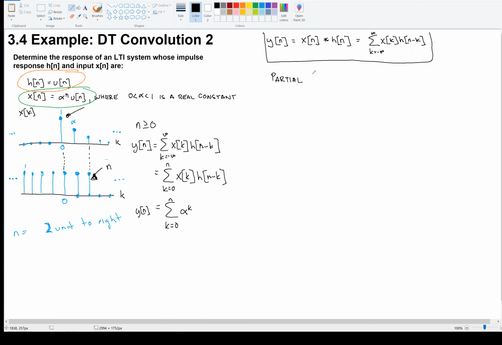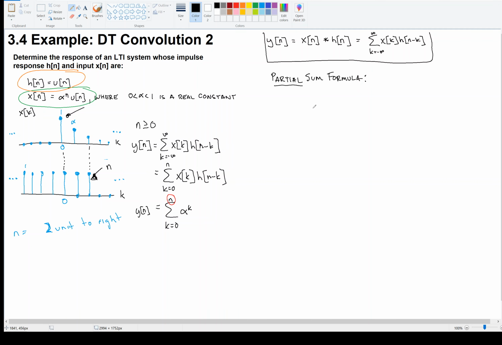There's the partial sum formula. It's called partial because this top bound right here does not go to infinity. There's a different formula for when that goes to infinity.